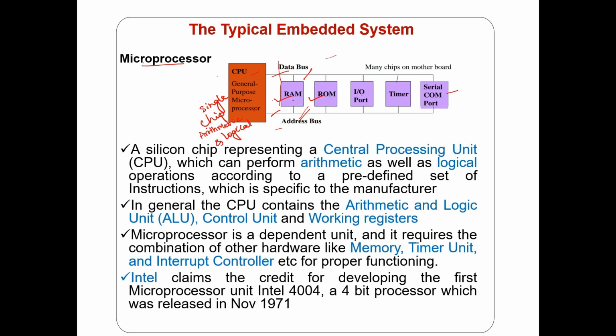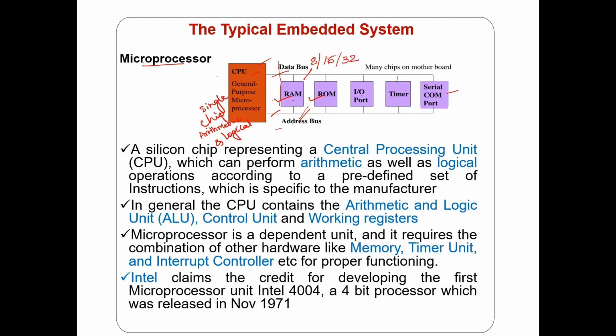It means that if the CPU is of 8 bits, then the data bus will be an 8 bit bus. If the CPU is of 16 bits, then the data bus will be of 16 bits.